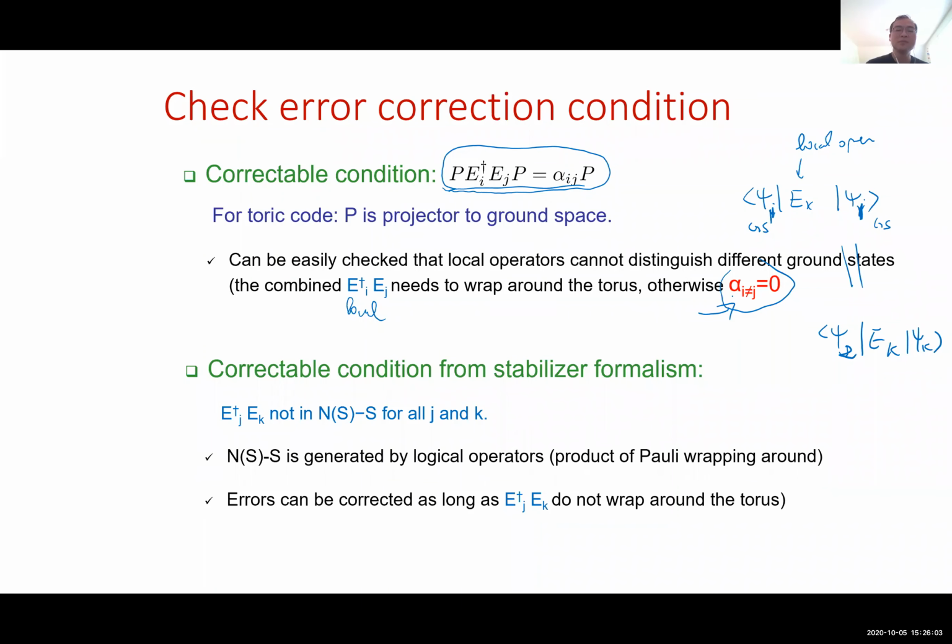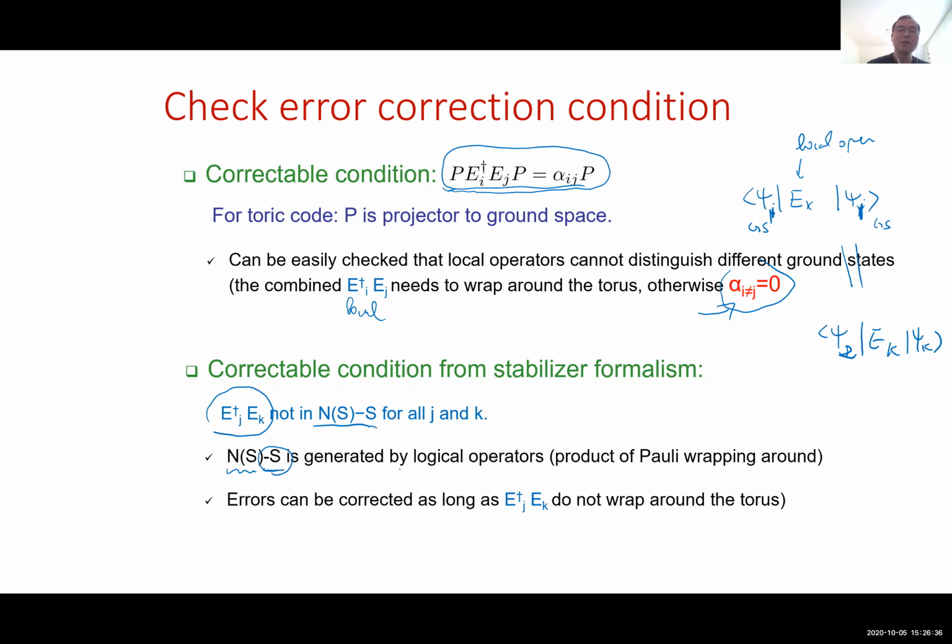Okay. So the other way to see that this is an error correction code correcting one error is that you check whether these combined errors are not in the normalizer minus the stabilizer. We see that the normalizer is the set of operators that commute with the stabilizer, and you want to remove the stabilizer elements themselves.